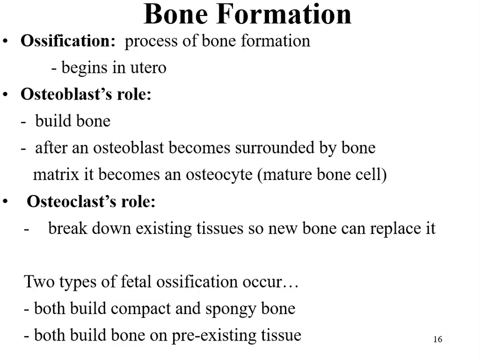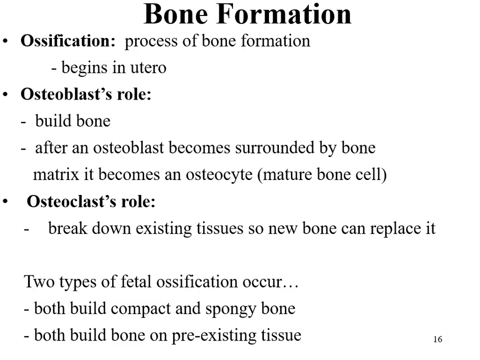Of course, osteoblasts are very important because they're the cells that build up bone tissue. And as we just talked about, it will build up as much as it can until it's completely surrounded, and then it's termed an osteocyte. It's grown up.